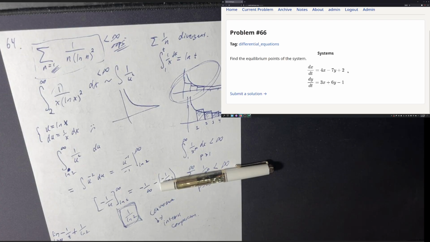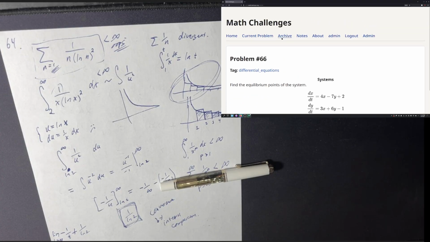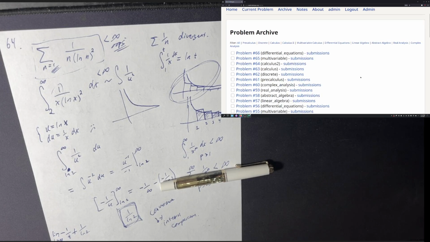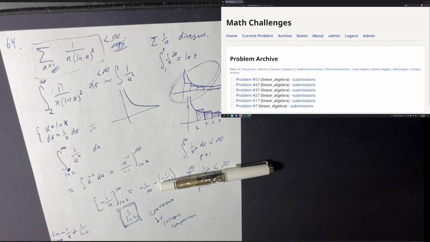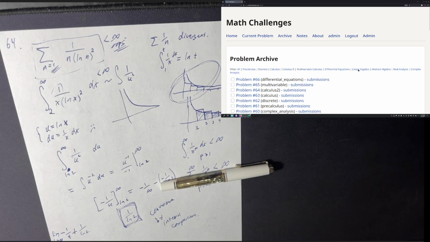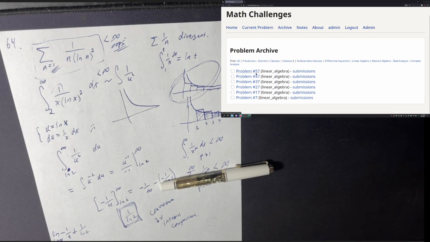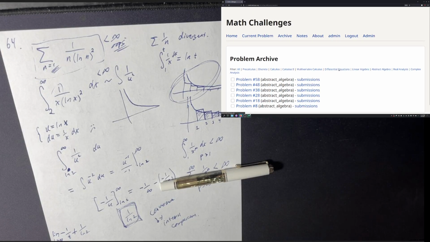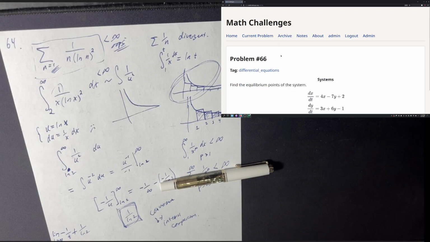Monday's question was this differential equation system. But then on Thursday, actually tonight at midnight, there'll be a linear algebra question. Number 67 will be posted tonight at midnight. Are we on 66 now? Yeah, okay, good.